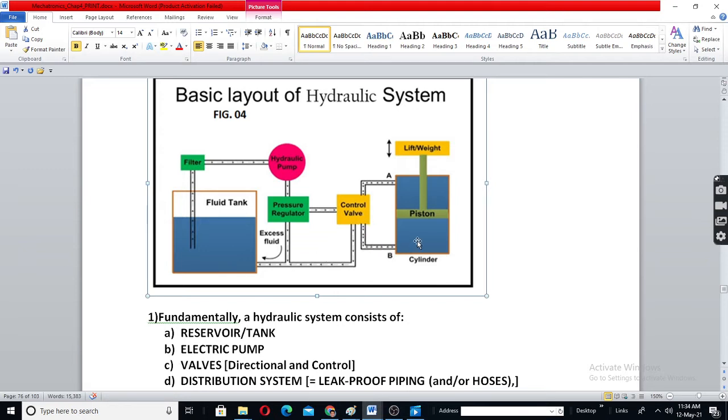If you want to lift the piston upwards, control valve will direct the incoming high pressure fluid to port B, which will push the piston upside. So you can get the required motion. This is a three-directional valve, means one input, two output ports.